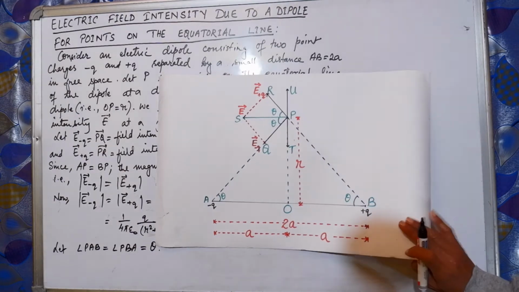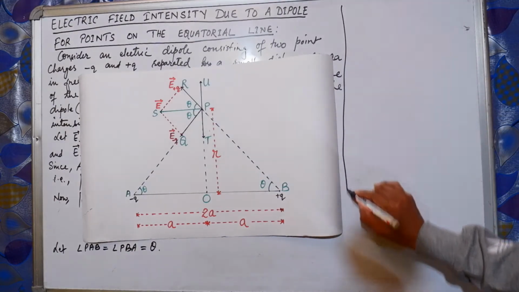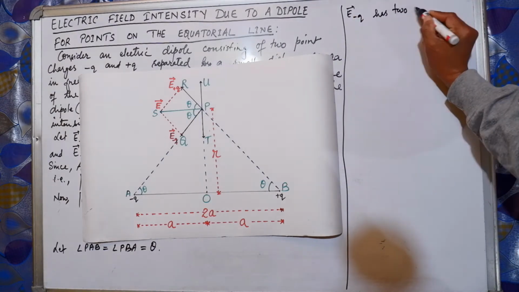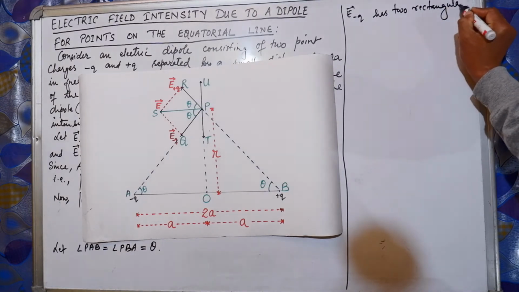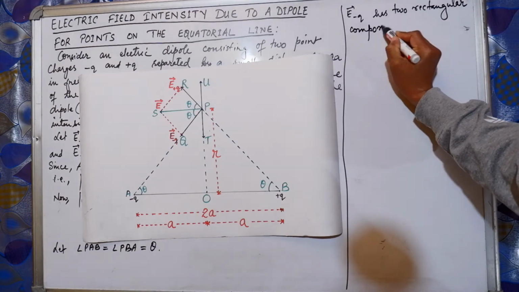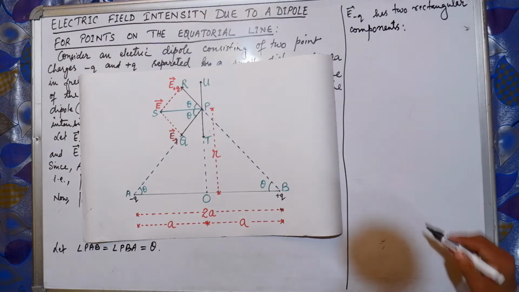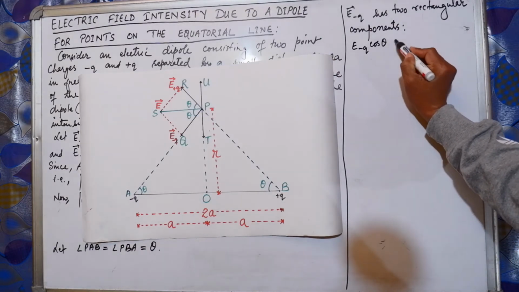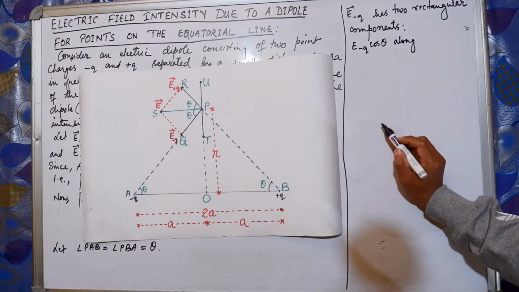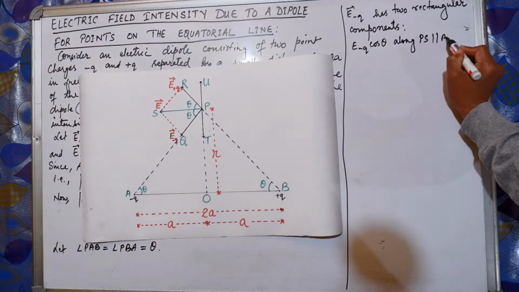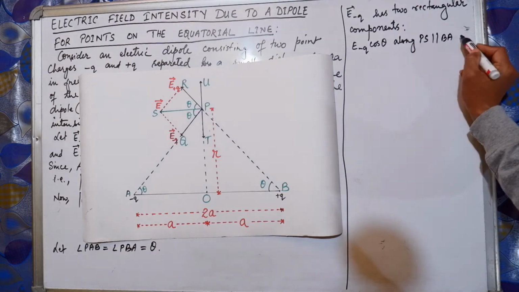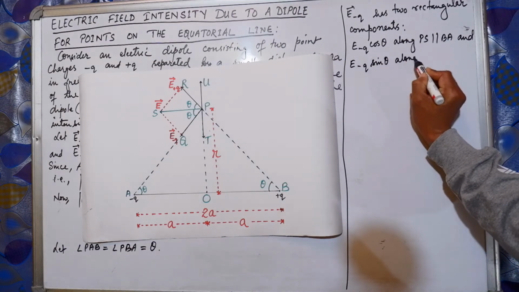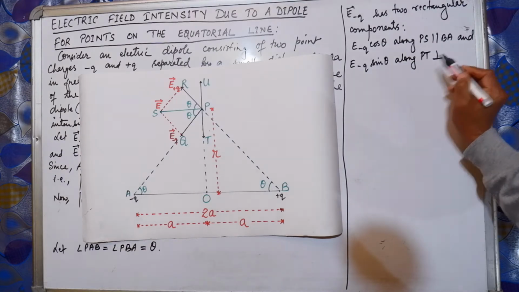So E minus Q has two rectangular components: E minus Q cos theta along PS, which is parallel to BA, and E minus Q sin theta along PT, which is perpendicular to BA.